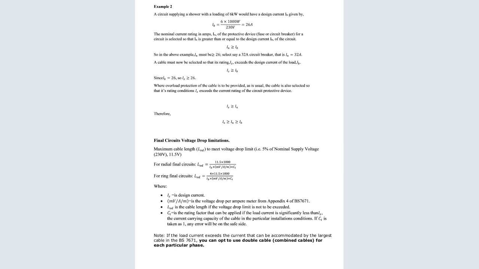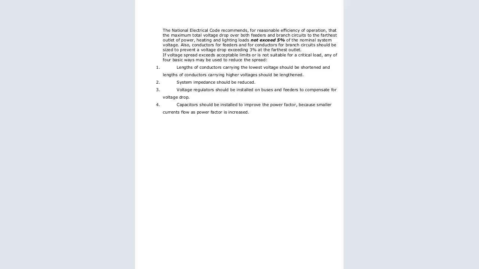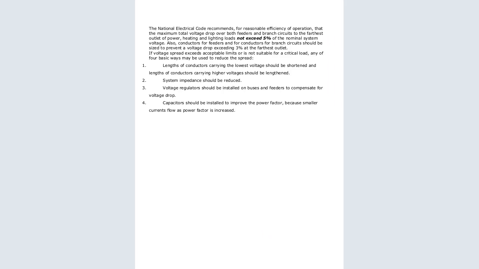So the final circuit voltage drop limitations, you can see it is calculated there. The National Electrical Code recommends that, for reasonable efficiency of operation, the maximum total voltage drop over both feeders and branch circuits to the farthest outlet, that is the heating and lighting loads, should not exceed 5% of the normal system voltage.